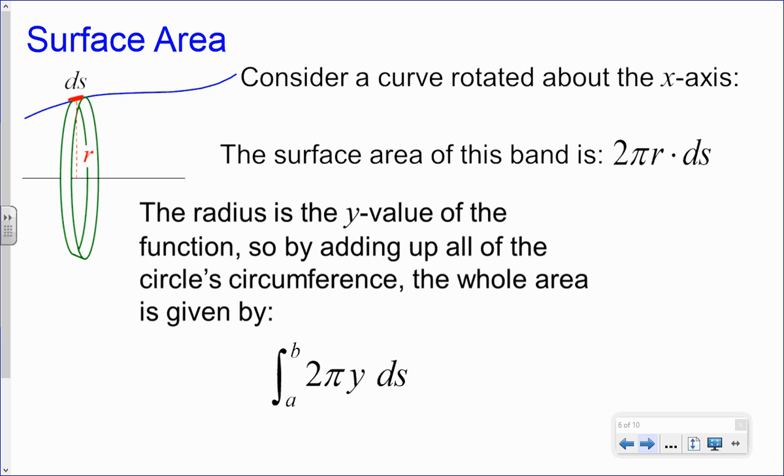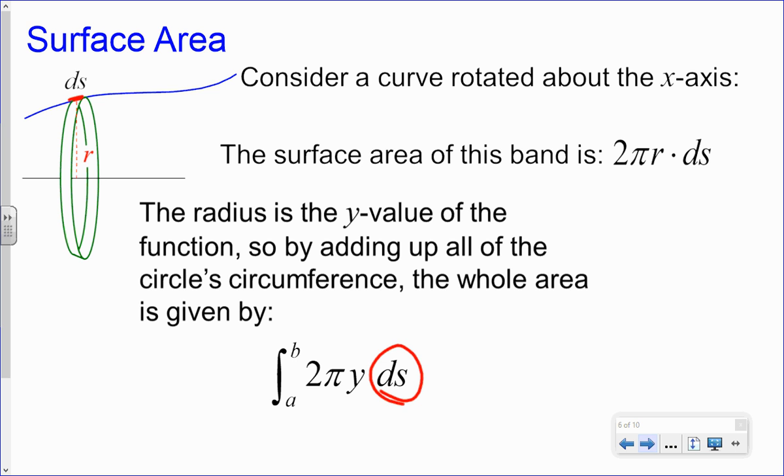The radius is the y value of the function. By adding up all of the circle circumferences, we get area of 2 pi y dx.